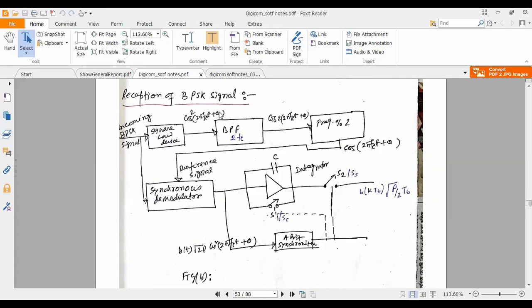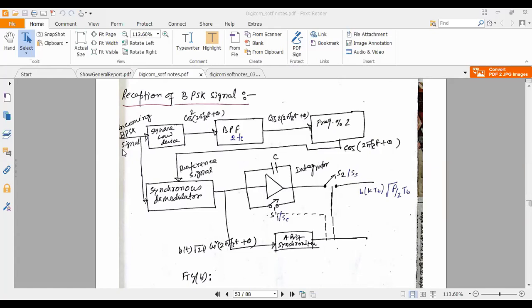When you studied your DSBSC, double sided suppressed carrier, there you got two sorts of discrepancies. One is your frequency discrepancy, and the second is your phase discrepancy. As the signal traverses a long distance, there may be some sort of phase shift. Phase shifting may occur. So it is cos 2 pi fct plus theta.